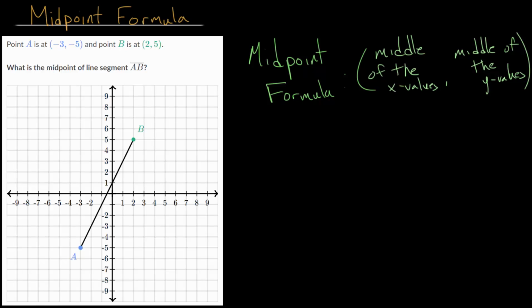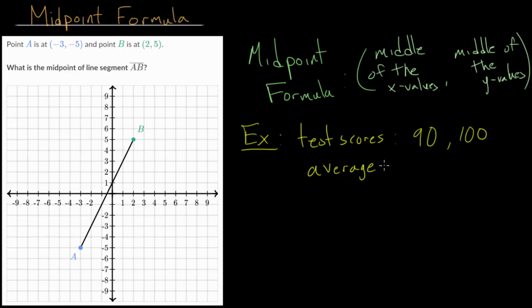So imagine that you're looking at test scores. And let's say that you get the scores of 90 and 100. And you want to figure out what is the middle of these numbers. What is your average? So we're looking for what we call the average of these two scores. And you might be able to think it through intuitively and realize that it should be 95. 95 is right in the middle of these.